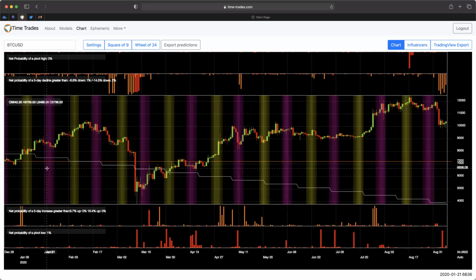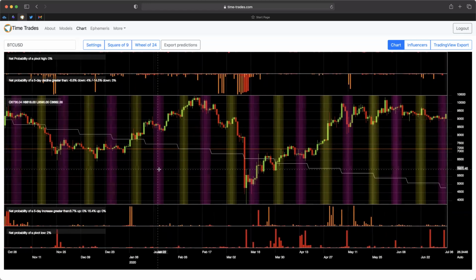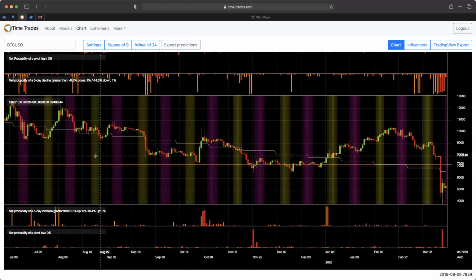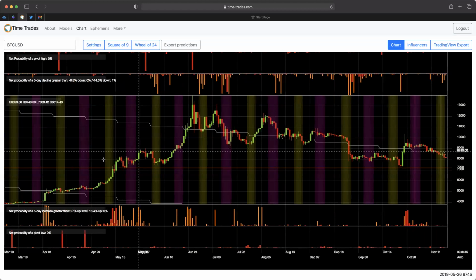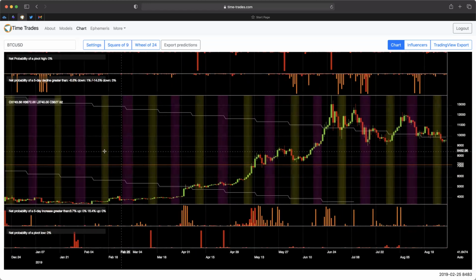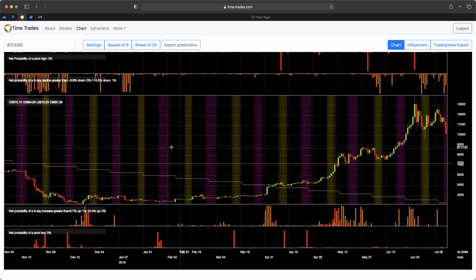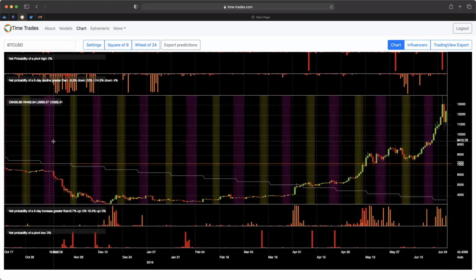Everyone looks at that bar and goes, geez, if I had only bought there. If we scroll back even more in time, and I know I need to add a little more historical data to Time Trades, we can see another top in November at 6,500. If I scroll a little further, the screen goes blank.